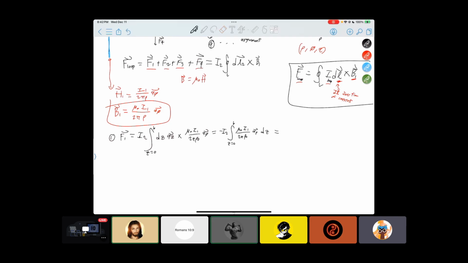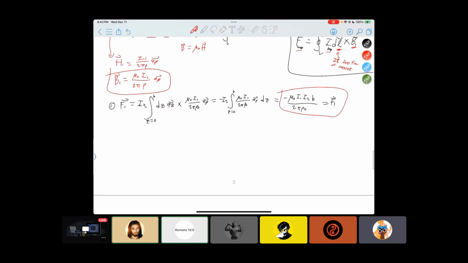And so you do this, and the 0 just makes the whole thing go to 0. So you're left with negative mu naught I1 I2, tag on the B somewhere, over 2 pi rho naught equals F1. Nice, huh? This is nice and clean.